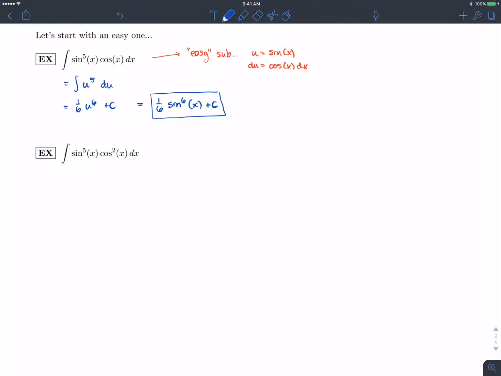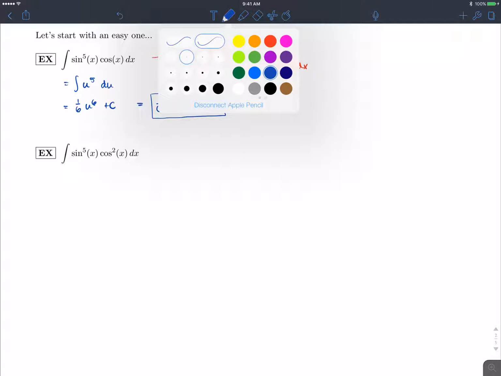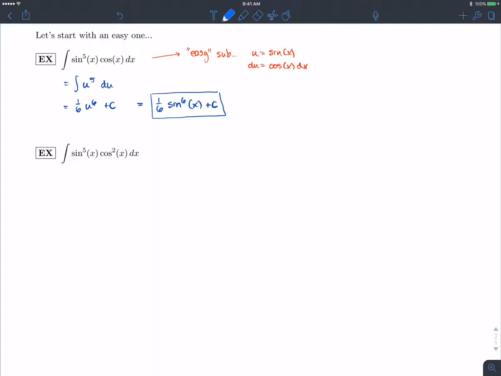So since u substitution doesn't work yet, here's what we're going to start with: we're going to borrow a power from that sine to the power of 5. And we'll see why that is, and we'll generalize how we came to choose that in a minute. But for right now, just indulge me, and we're going to say let's borrow a power.